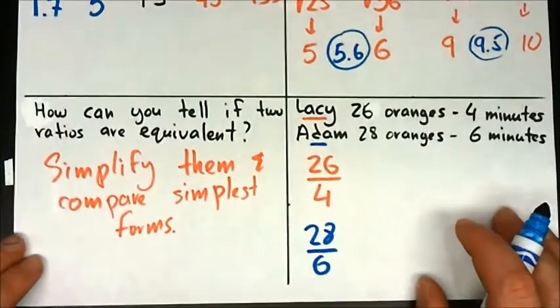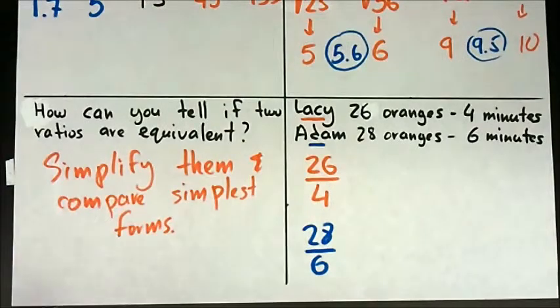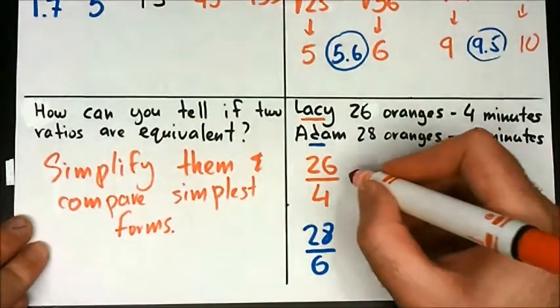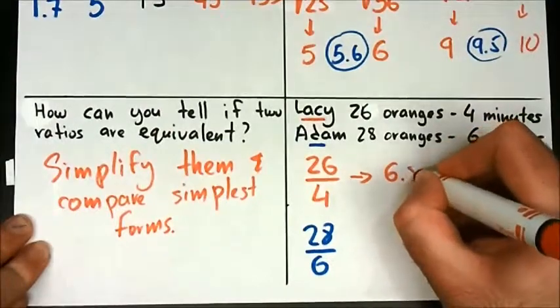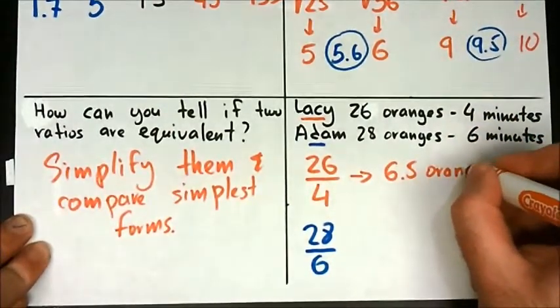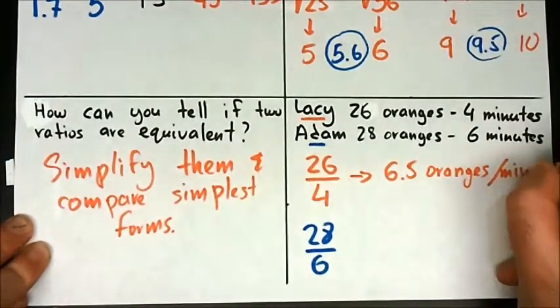Alright. So what's 26 divided by 4, and what is 28 divided by 6? Anyone? Well, 26 divided by 4, if you did it through long division, is 6.5, in this case oranges per minute.